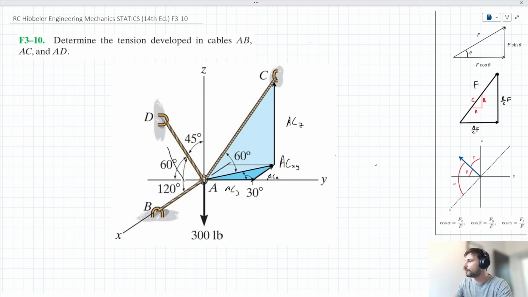Now, when we look at it in these terms, I'm going to trust that you're familiar with this idea on the top right. We can effectively say ACXY is equal to AC cos 60, okay?